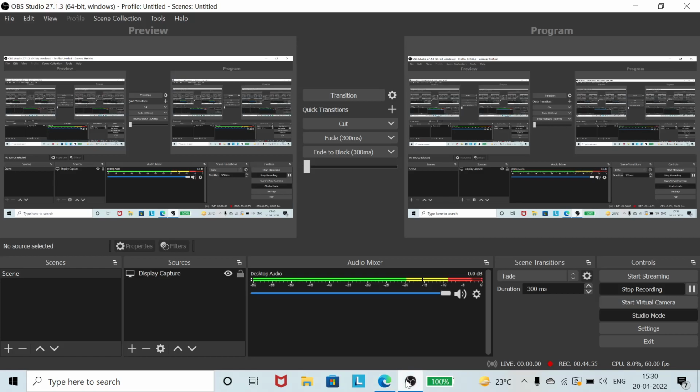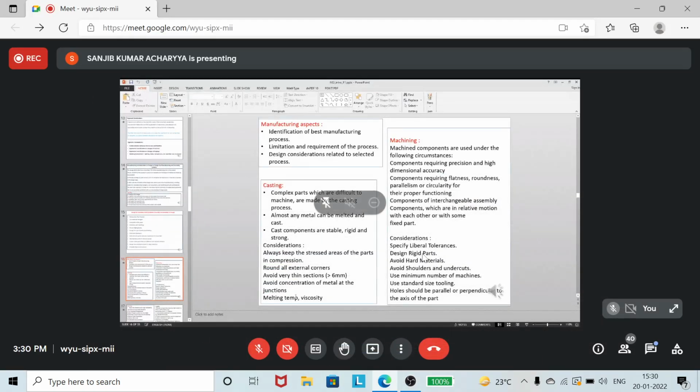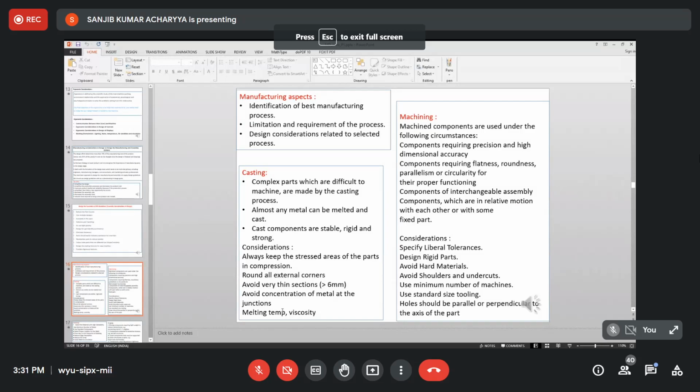If you consider casting as a manufacturing process, then what is the important information? Complex shells or complex parts are difficult to manufacture through the casting process because it requires integrity in the molds required for the casting. Most metals can be melted and therefore can be used for casting.